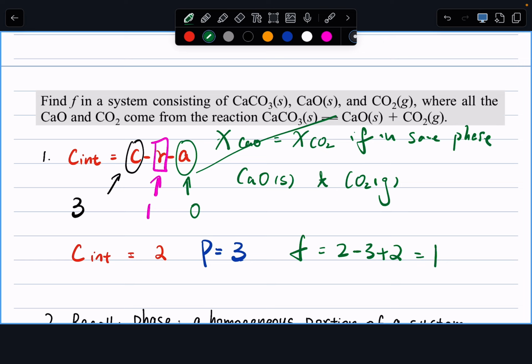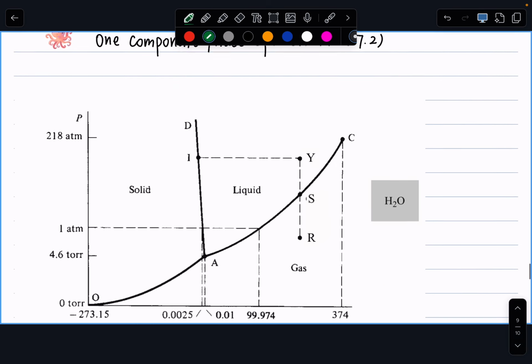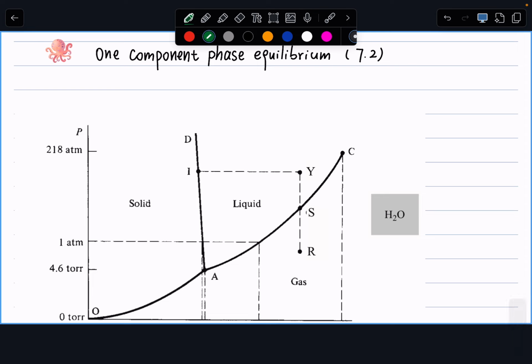All right. I only have 10 minutes left, but I do want to quickly introduce the one-component phase diagram, and I'll leave a question for you to think about. So let's get started. This is 7.2. Using the phase rule, when we're looking at the one-component phase diagram, what can we get?